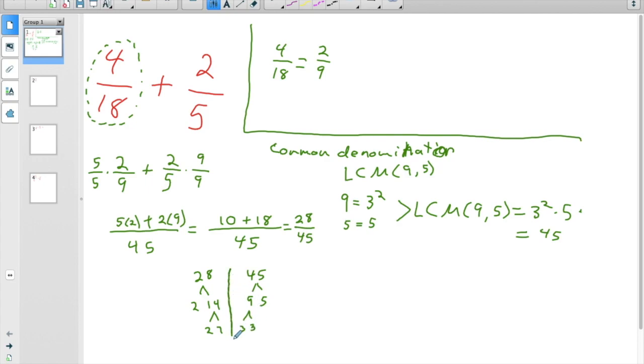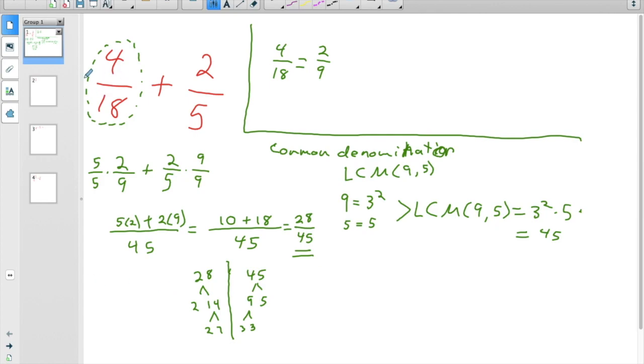So if we look at these two, we see that there are no numbers at the bottom of this breakdown that match any of the numbers at the bottom of this breakdown. So this is the final answer. This is the reduced answer.